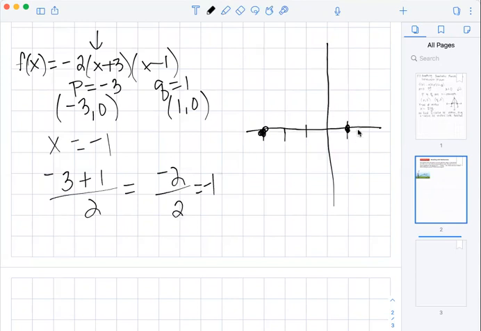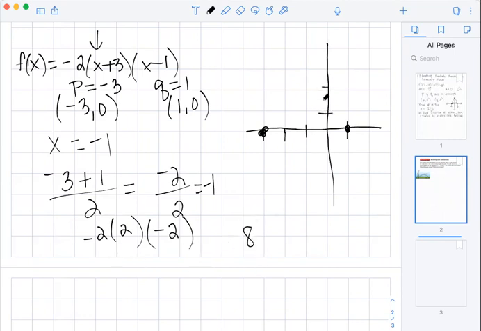And you do need to know what that y value is, because you don't know if your vertex is here or here. We do know that it's going to be above, though, because the parabola should be upside down. So plugging in -1, we get -2(2)(-2), and so that's going to be 8.